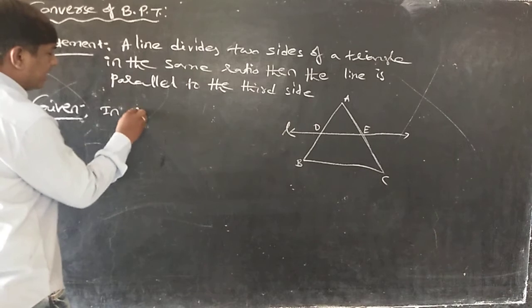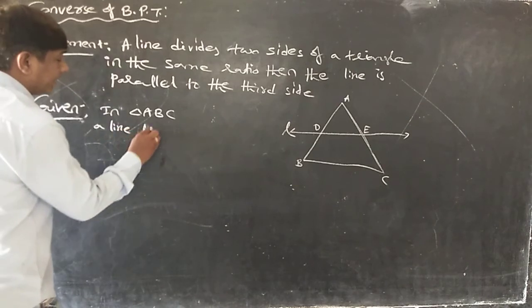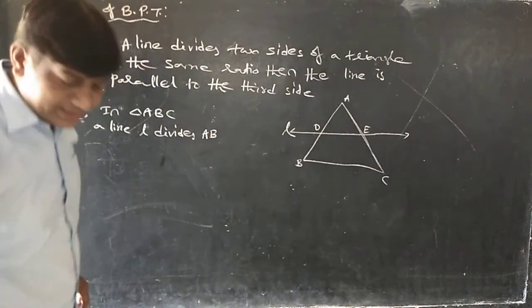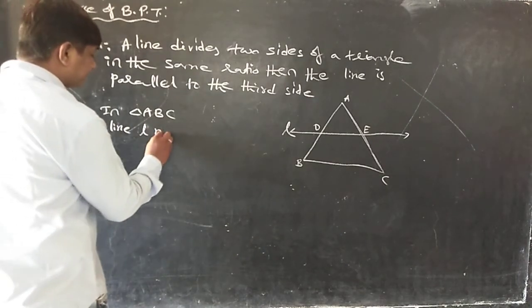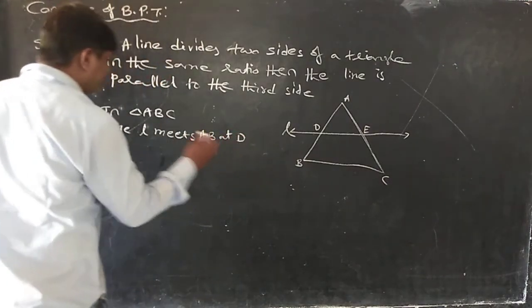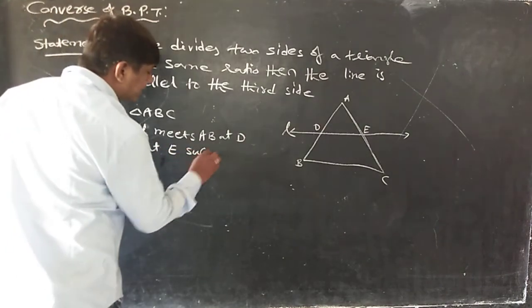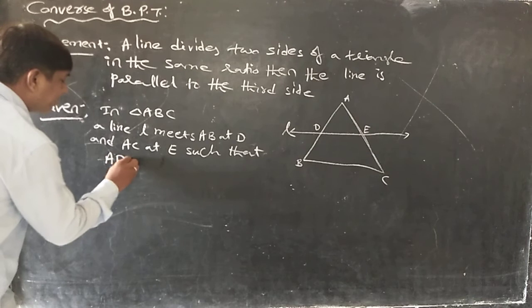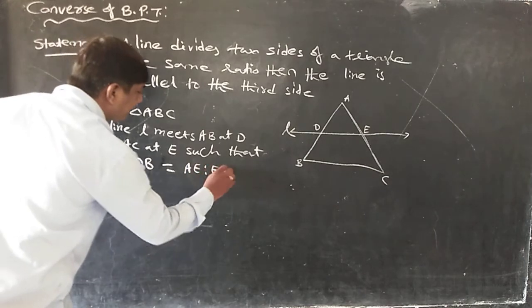Now, in triangle ABC, a line L meets AB at D and AC at E such that the ratios are equal, that means AD is to DB is equal to AE is to EC.